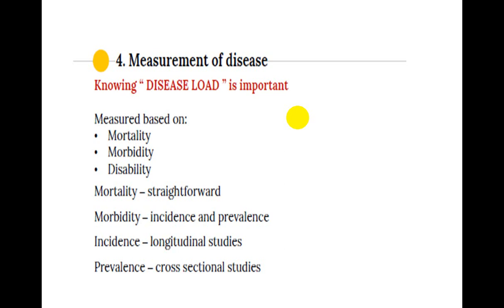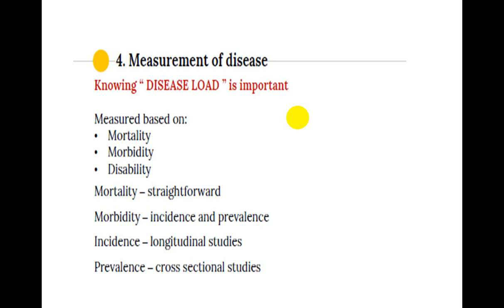Measurement of disease. It is mandatory to have a clear picture of the amount of disease load in the population. This information should be available in terms of mortality, morbidity, disability, and so on, and should preferably be available for different subgroups of the population.